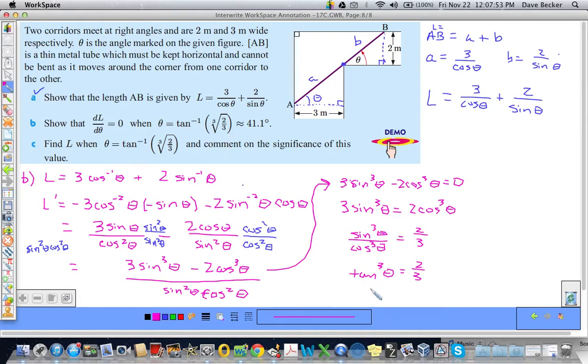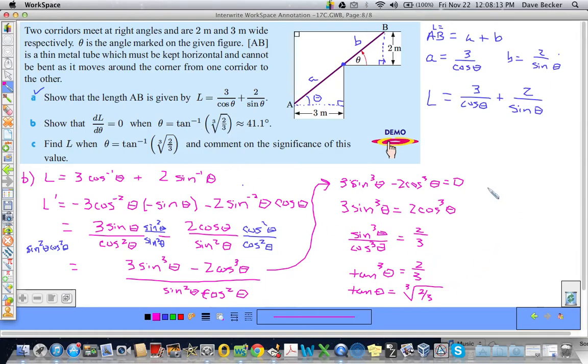And to solve for that, I take the cube root, and I get tangent theta is equal to the cube root of 2/3. Ding, ding, ding, looky there, right here. Okay, here's the cube root of 2/3, but I have to solve for theta.